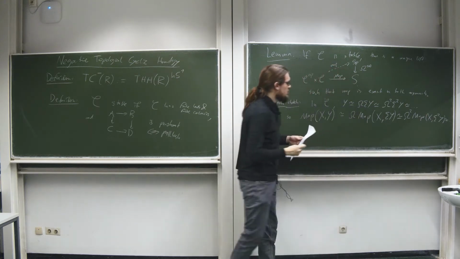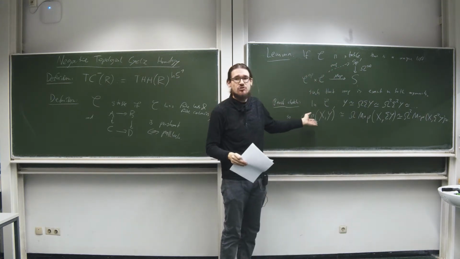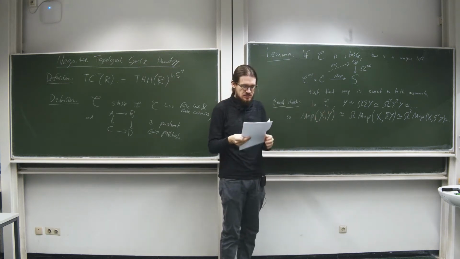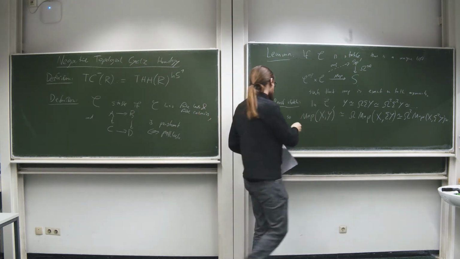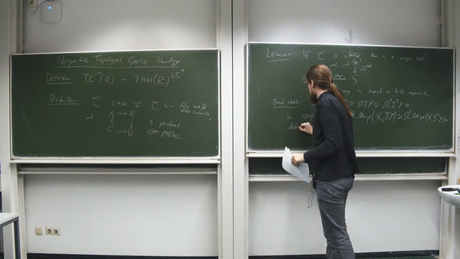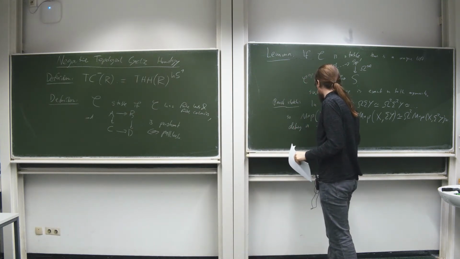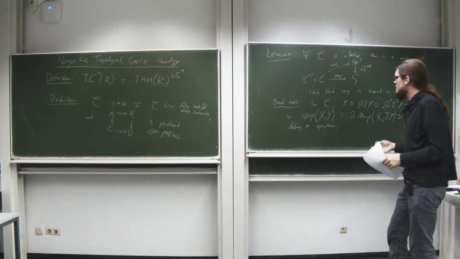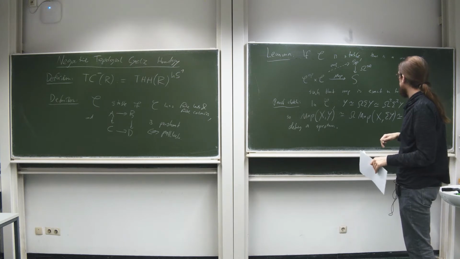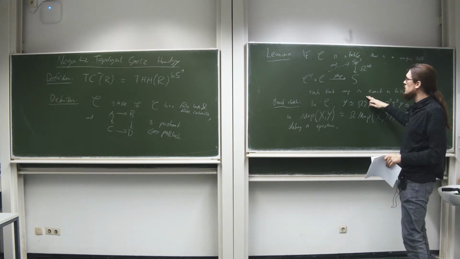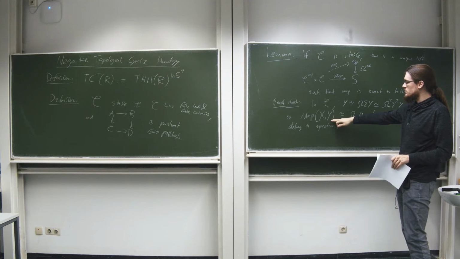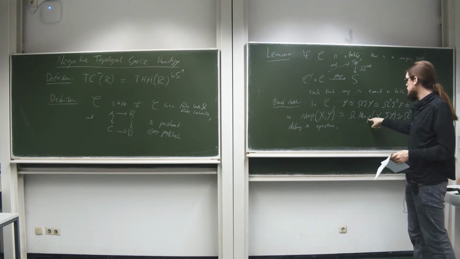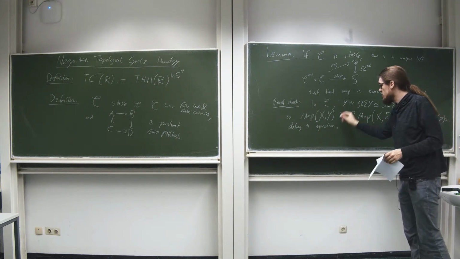And now if you think about this, this exactly gives you a spectrum, right? This is a sequence of spaces with equivalences to loops of the next. So this defines a spectrum. And vice versa, one can check that from the requirements here, your mapping spectrum actually has to look like this.